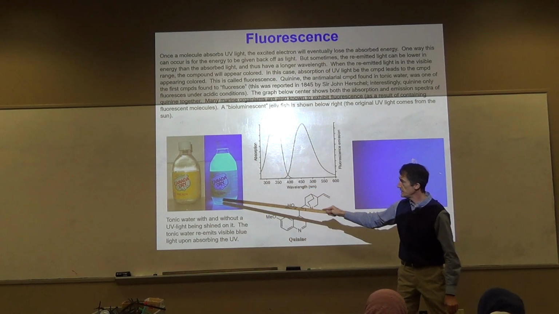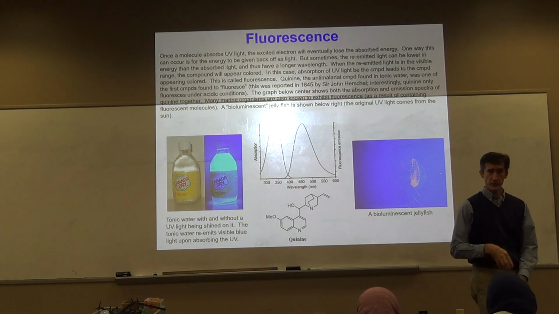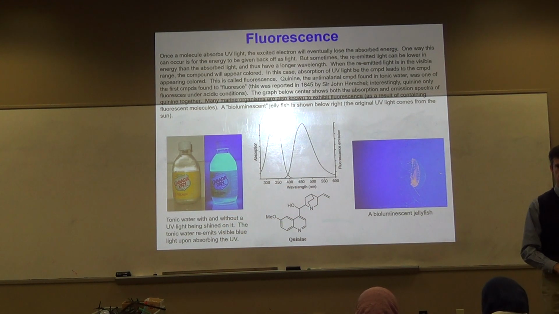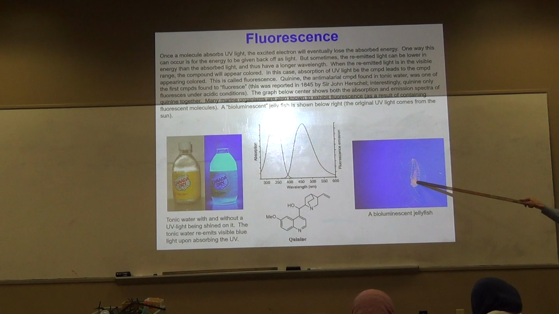If you shine UV on quinine, which is in tonic water, it will throw blue light back at you. This is the idea of fluorescence. Sometimes you see in biology, this is a sea creature getting UV from the sun, but then throwing back out pink light. Fascinating. We don't have enough time. You can read about it.